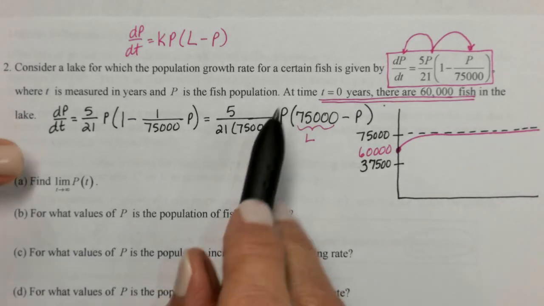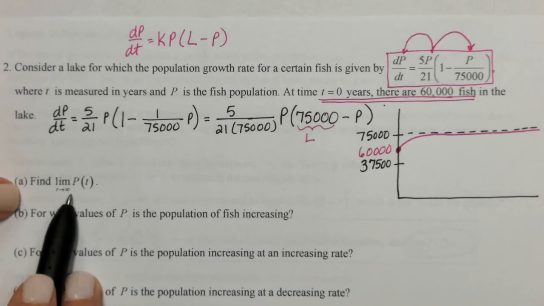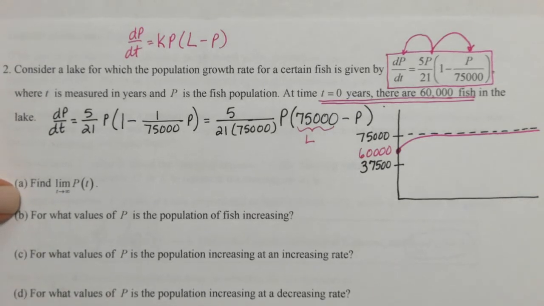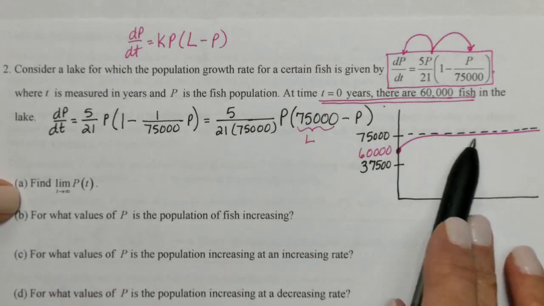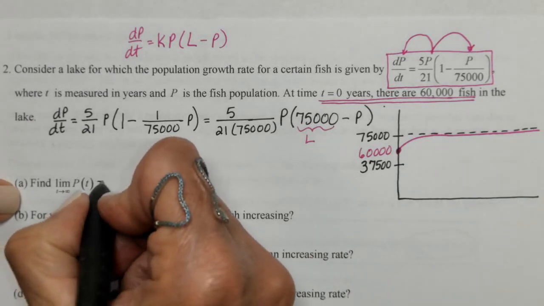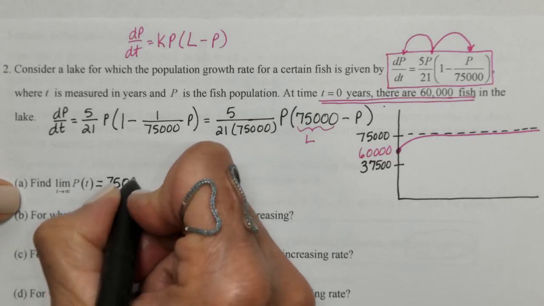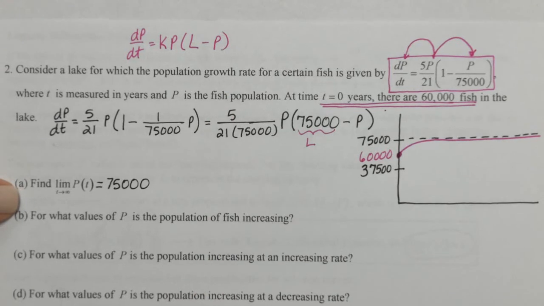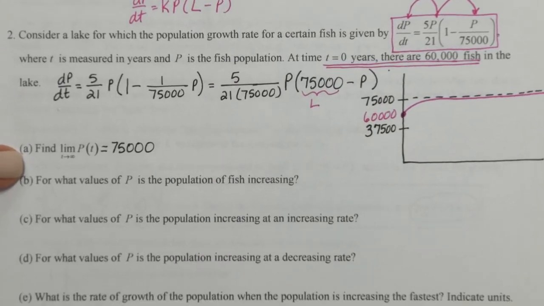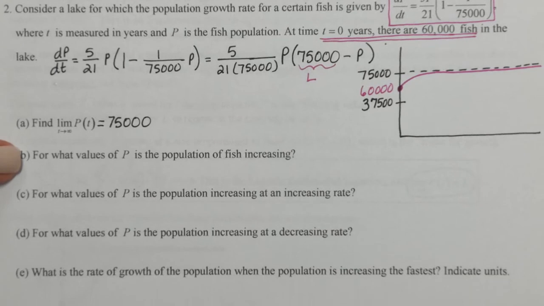All right, let's go through these questions. What is the limit as time goes to infinity of P? Well, as time goes to infinity, the limit is 75,000. Didn't ask for units. If they asked for units, it would be fish. For what values of P is the population of fish increasing?